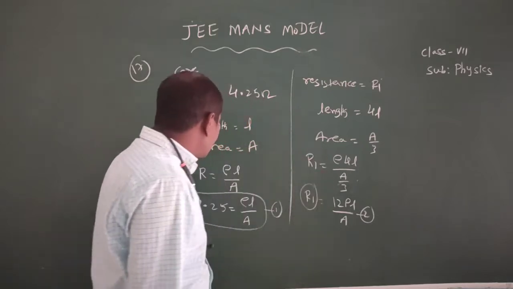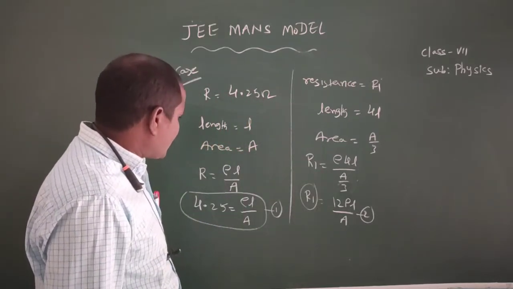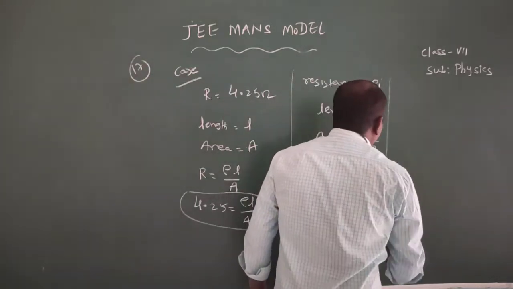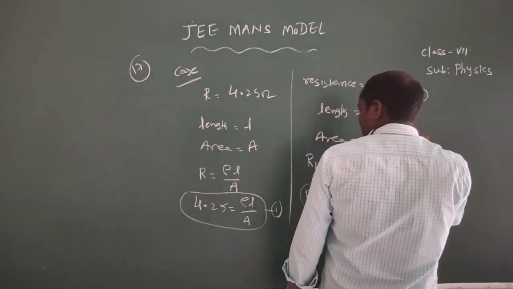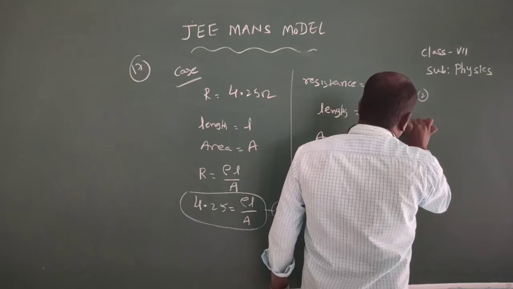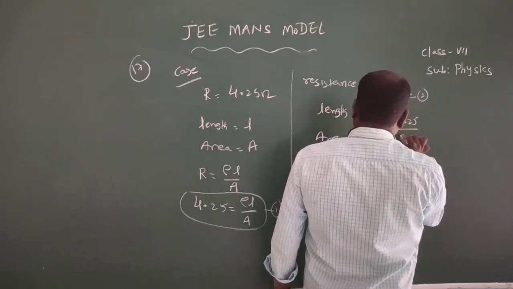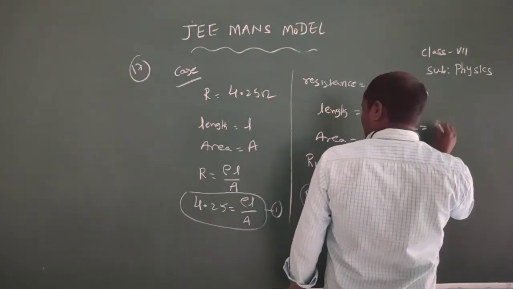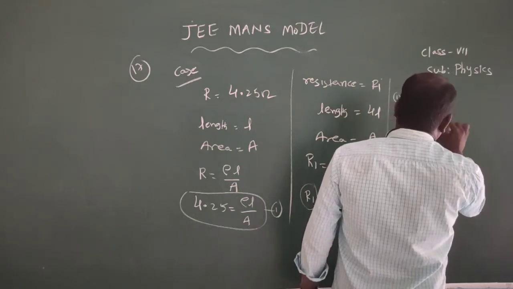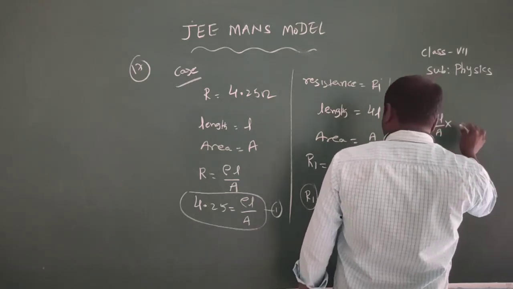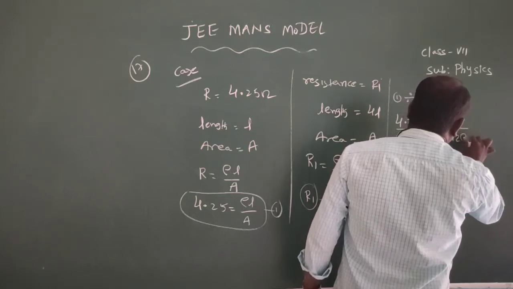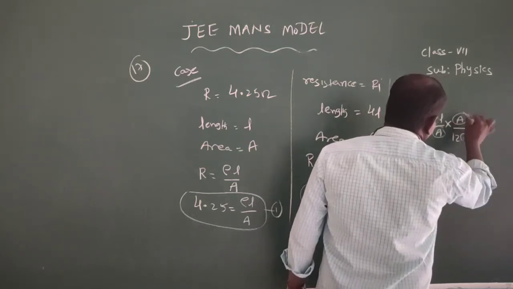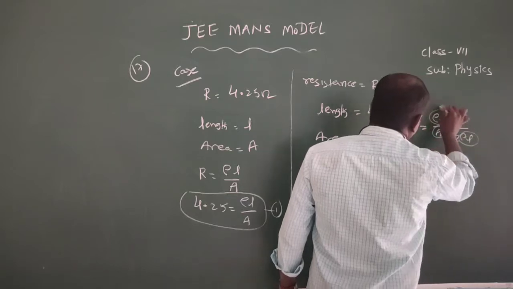So we can take equation 1 divided by 2, that is 4.25 by R1 is equal to rho L by A into A by 12 rho L. So here these terms get cancelled.